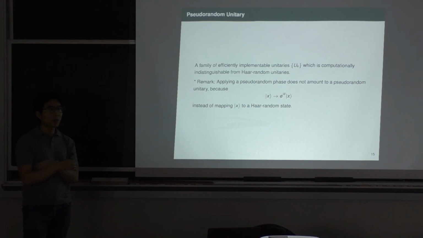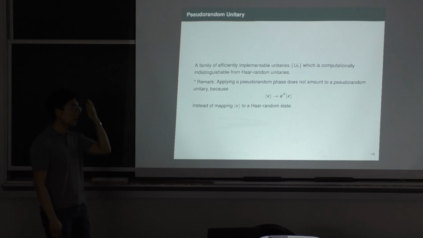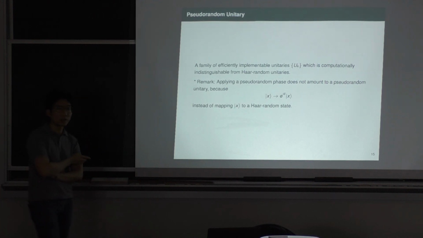So you have poly(n) copies of U, and you're allowed to plug in any input state as long as it's polynomially complex, and you're allowed to measure in any basis after that, as long as that measuring basis is only polynomially complex. And against all those tests, you won't be able to distinguish the measurement statistics from the measurement statistics that you get when you replace these unitaries by Haar-random unitaries.